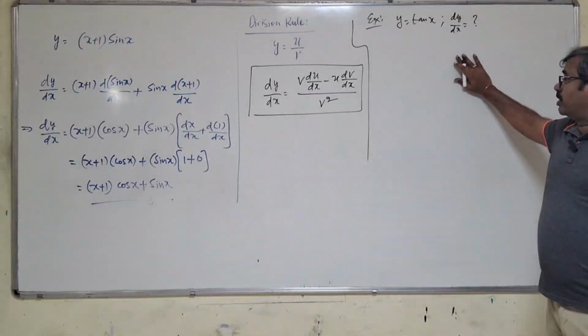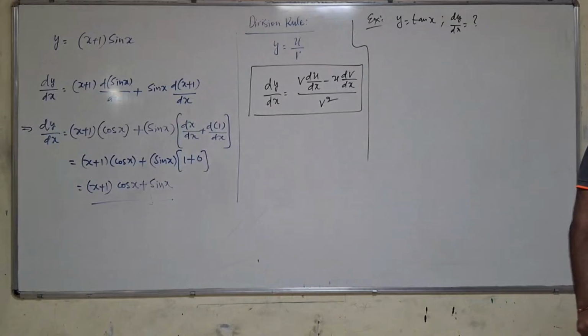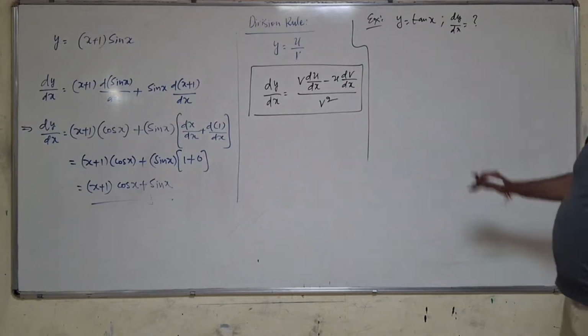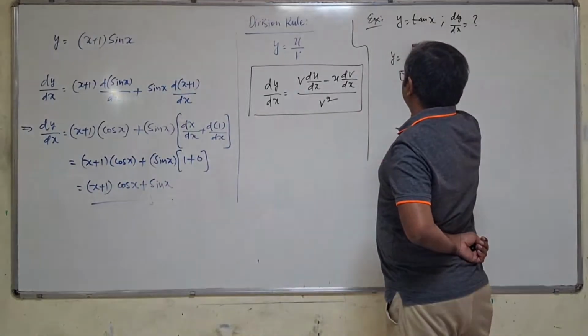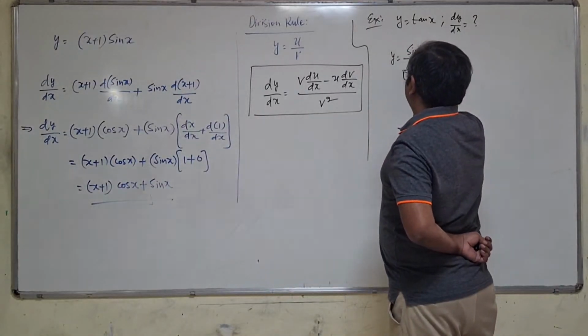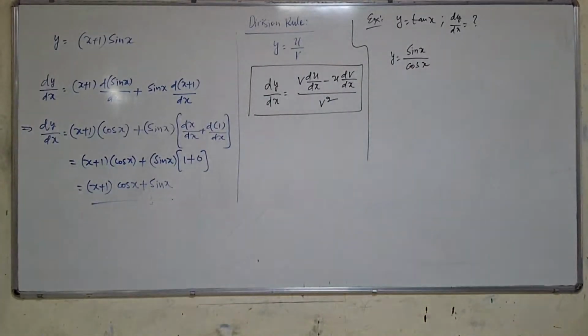Now, how am I going to apply the division rule here? Tan x can be written as sin x by cos x. So sin x is u, cos x is v.